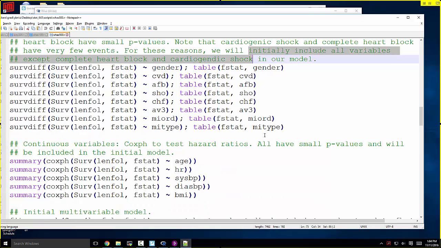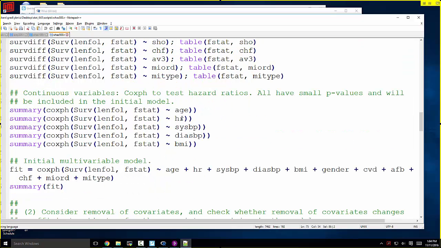So that's categorical variables. We're building up a model. Which covariates belong in the model? We've considered the categorical variables. Now let's consider the continuous variables. We have age, heart rate, systolic and diastolic blood pressure, and BMI.